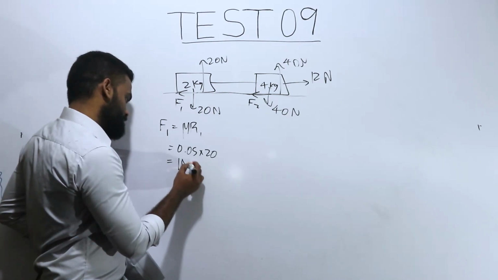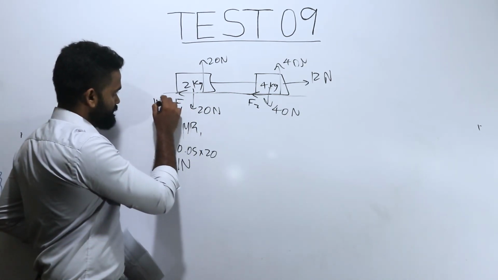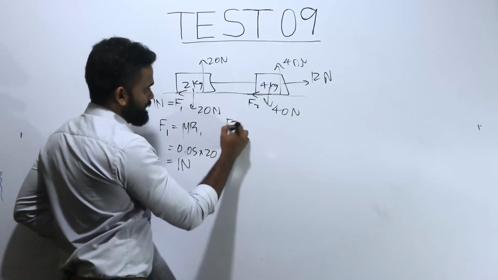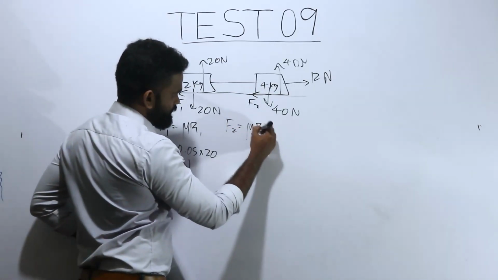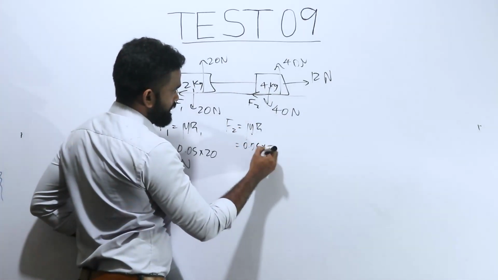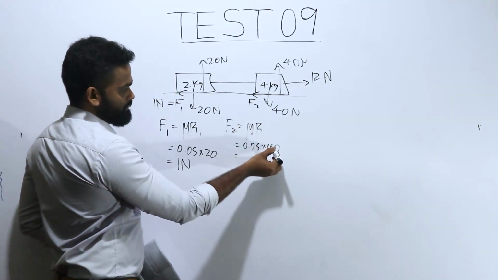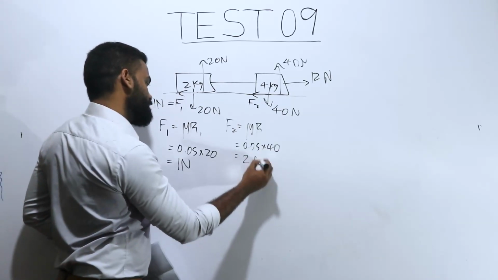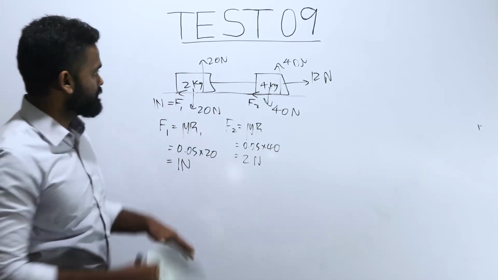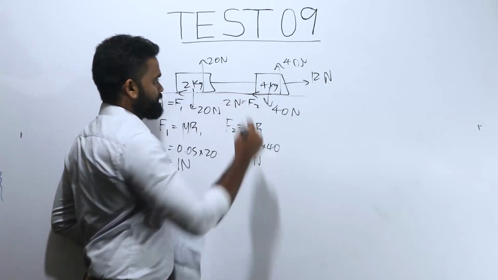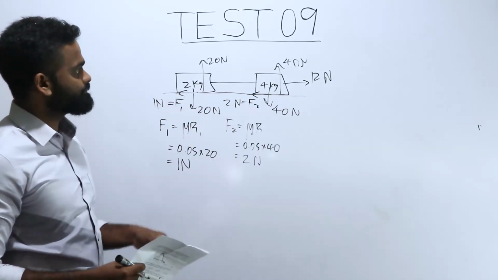That is 1 Newton. So 1 Newton is the friction acting here. Then I'll calculate F2. Coefficient 0.05 times 40. Multiply by 10, 0.5, then multiply by 4. 2 Newton. So here the friction is 2 Newton. So 1 Newton and 2 Newton.